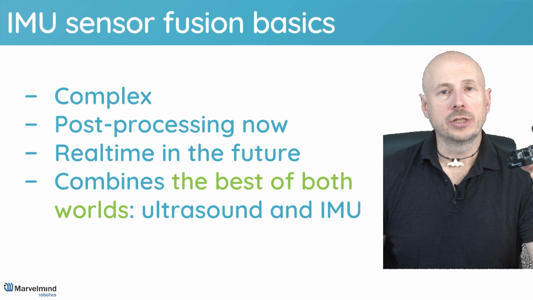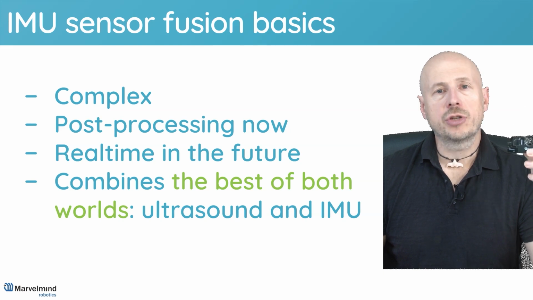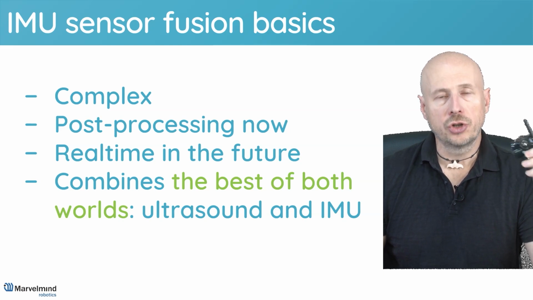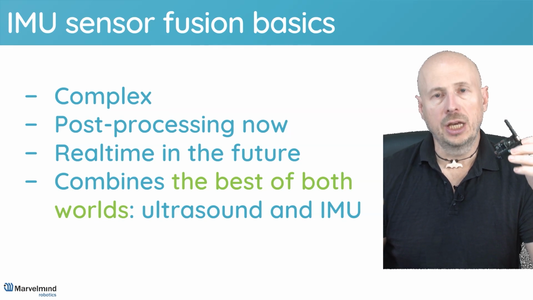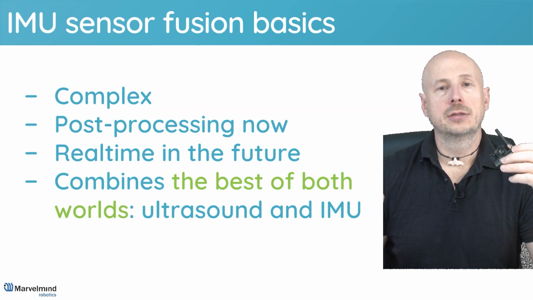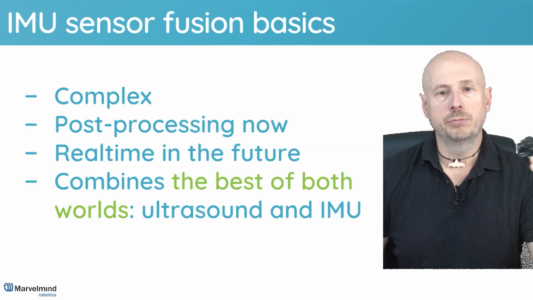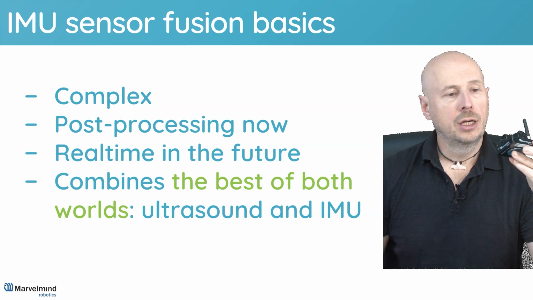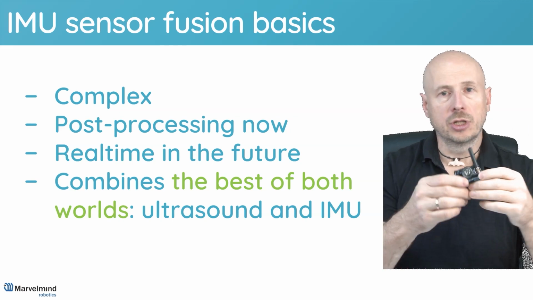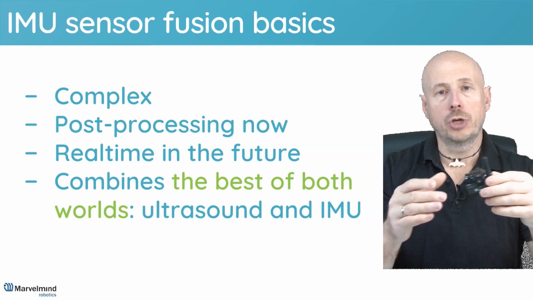Once again, let me stress, IMU sensor fusion is a complex functionality. This is why it takes time, but the fruits are perfect, because you really get the best of both worlds. Let me stress once again, IMU is perfect because there's no jumps like in ultrasound you can do.